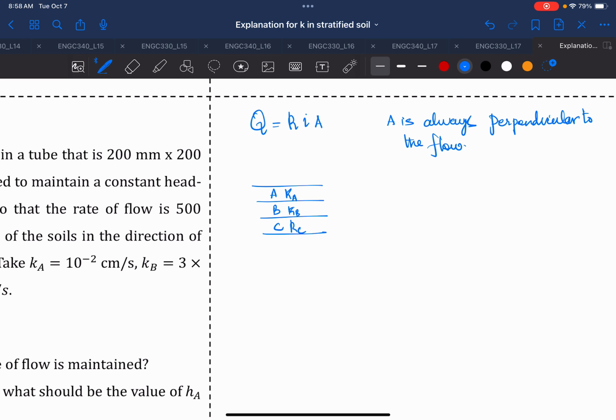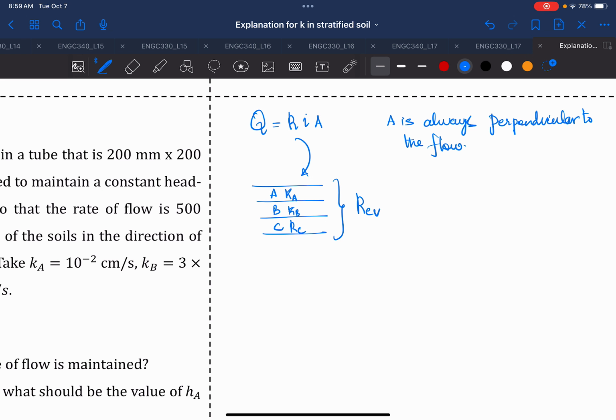So how do we use this to calculate the flow rate, or even to calculate the conductivity of the soil? So there comes a term we call solving the equivalent. So we need to find what is the equivalent conductivity for this stratified soil.